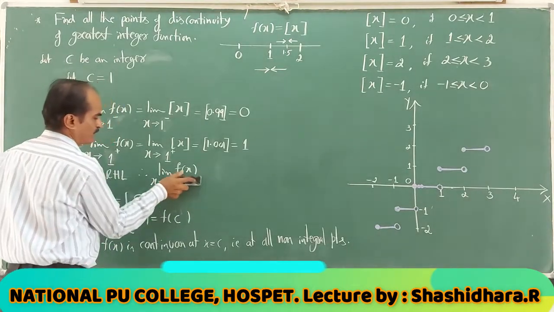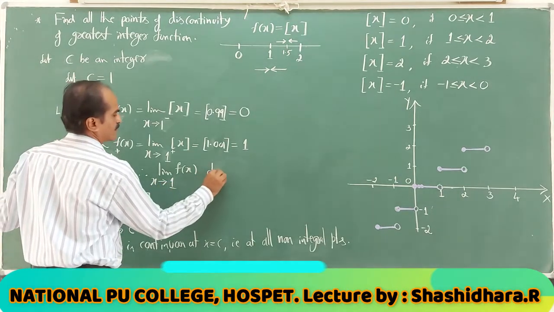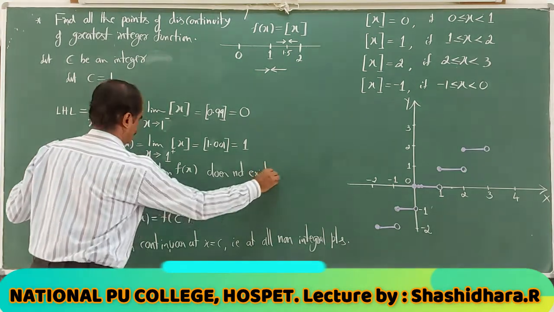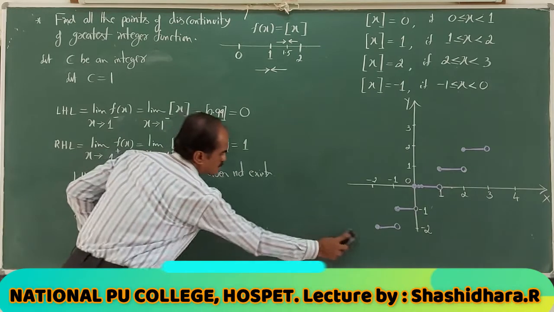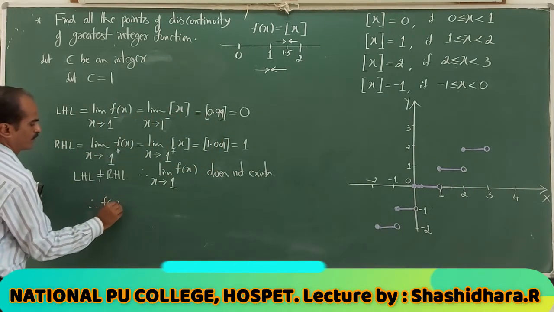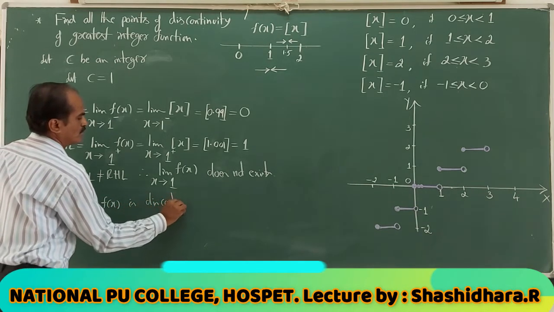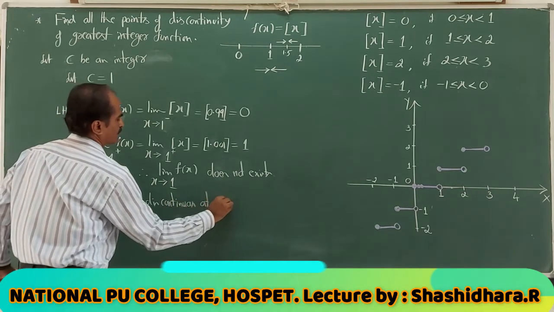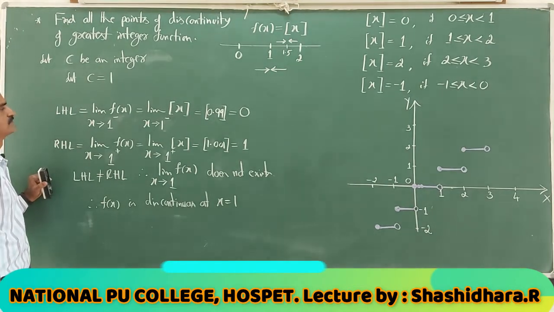Therefore, the limit of f of x as x tends to 1 does not exist. Therefore, f of x is discontinuous at x equal to 1. I hope you followed this.